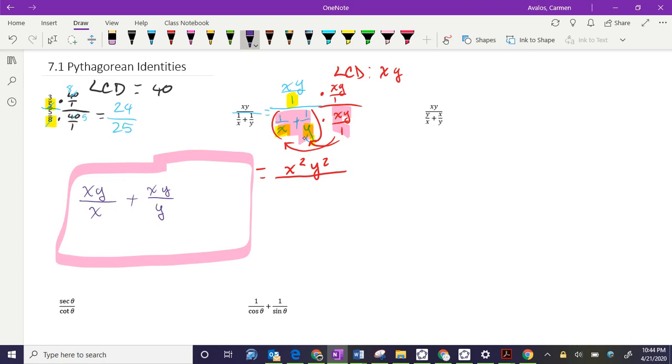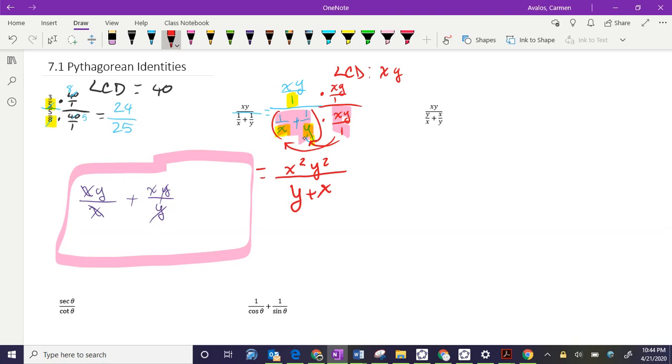And what happens is that, and this always happens, if it doesn't, then that means you did not get the lowest common denominator. This x is going to cancel, that y is going to cancel, the denominator is going to go away. So what you're left with is going to be y plus x.